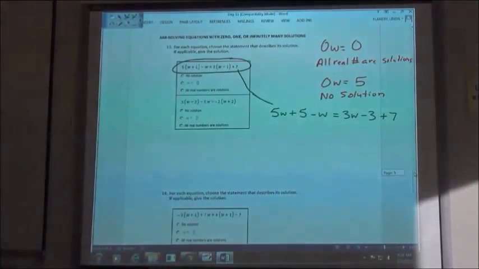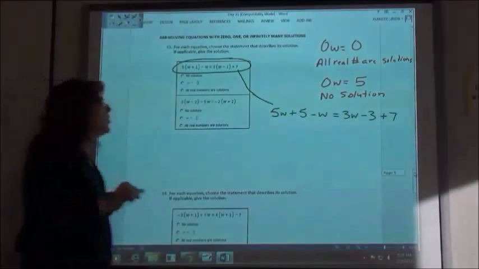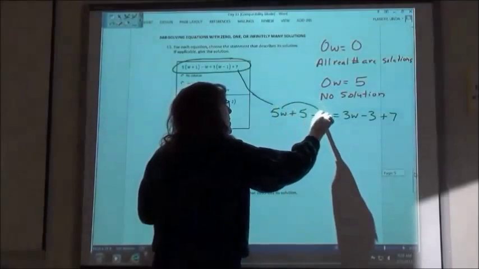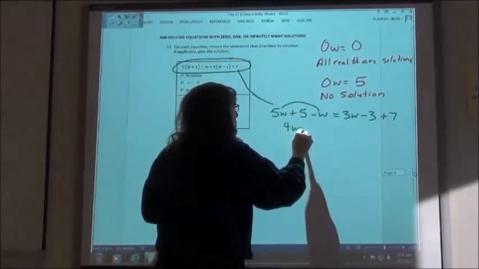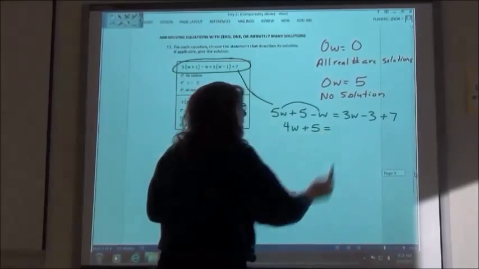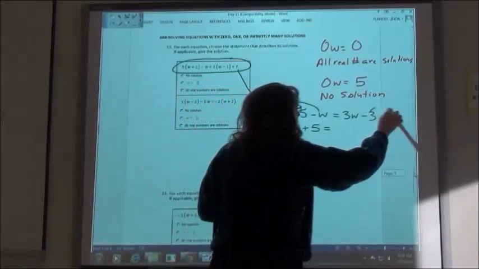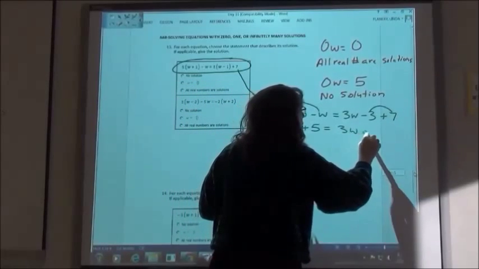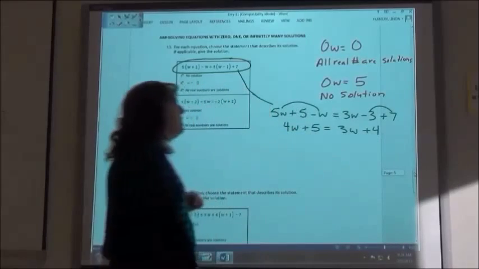Combining my like terms, 5w minus w is 4w plus 5. On the other side, I'm going to have 3w plus 4.